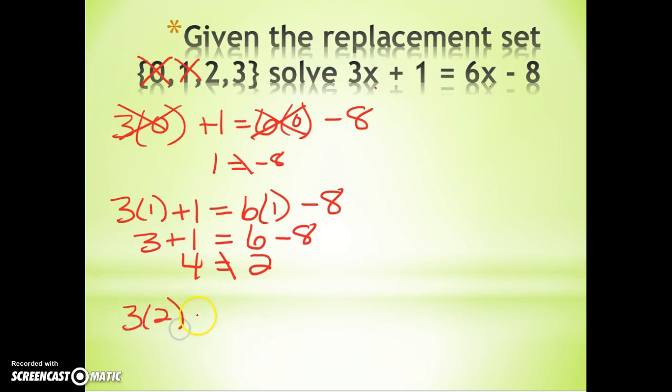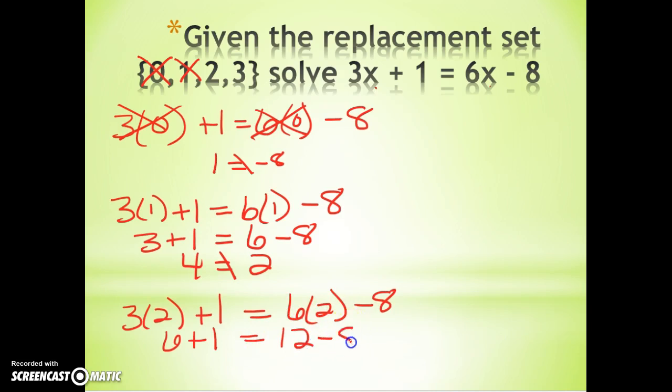Let's try the number 2. 6 times 2 minus 8. 3 times 2 is 6. 6 times 2 is 12. 6 plus 1 is 7. 12 minus 8 is 4. That one's not the right answer either.